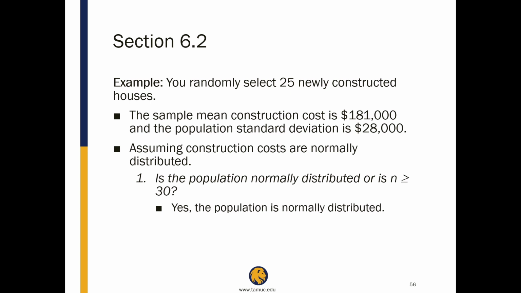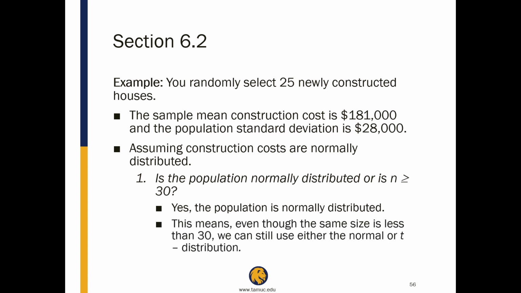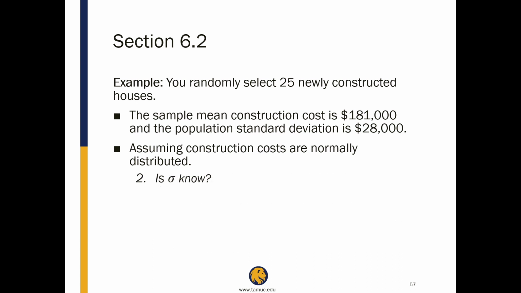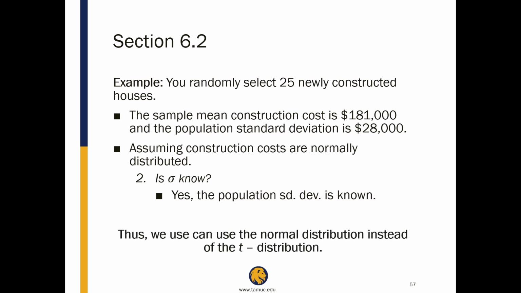So that criteria is set. So even though the sample size is less than 30, we can still use either the normal or the t-distribution. Second thing, is sigma known? Did they tell us the population standard deviation? Indeed they did. So knowing sigma means we would use the normal distribution instead of the t-distribution. We would use z-scores.